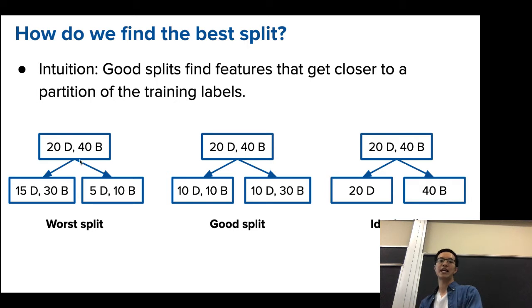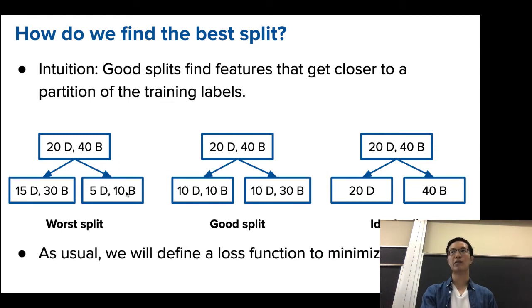So you might expect that if I try to split my data here on whether or not I charged my laptop this morning, I won't really notice any difference in the pattern of driving and BARTing between my two splits. So again, the analogy here is a good feature splits apart my data well, whereas a bad feature doesn't split my data much at all. Okay. And as usual, we'll pick a loss function and minimize that loss function to decide on the best feature.